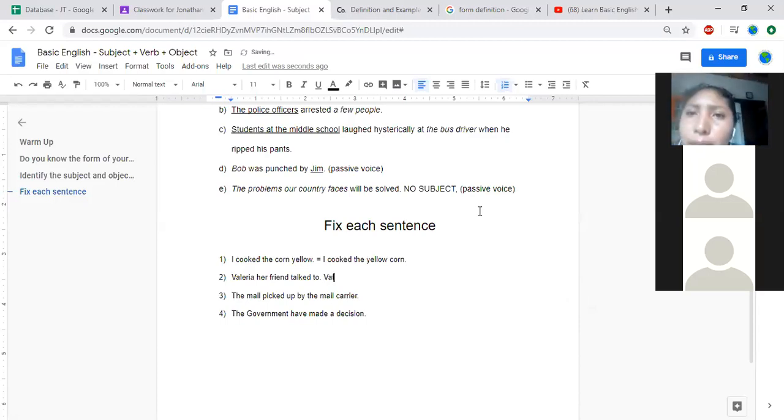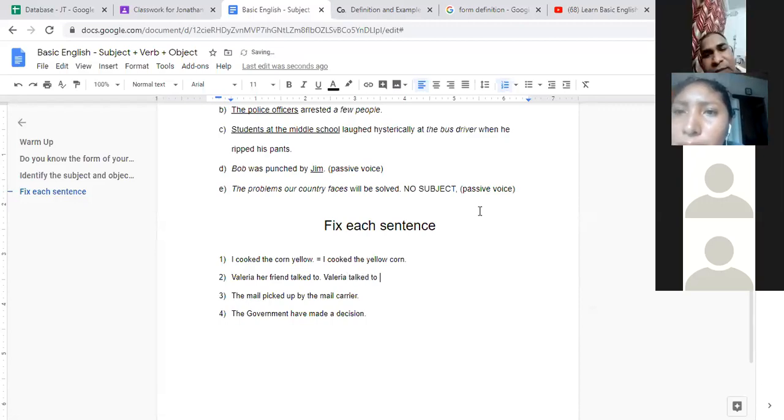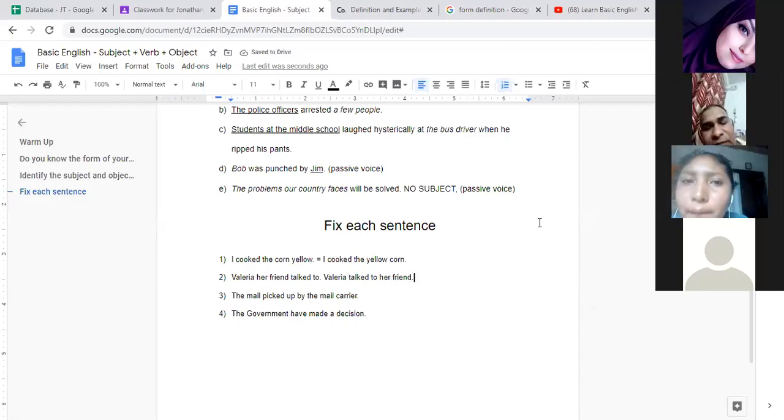Now, what is the verb here, David? Talked to her friend. Yes, very good, David. So you just keep thinking about the form, the structure. There's 3 big parts, and you need to put the phrases in the right order so the 3 parts go together. That's like a conceptual understanding thing.